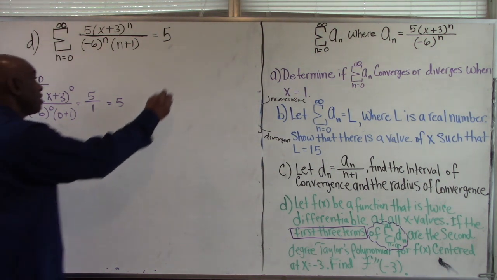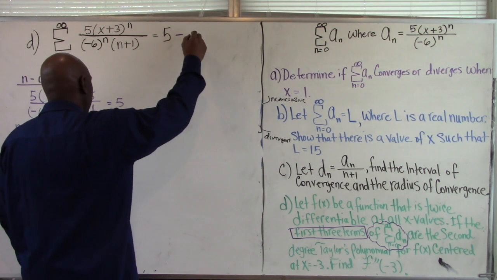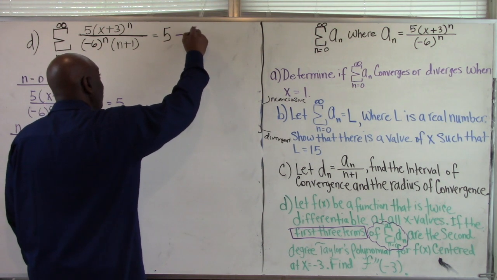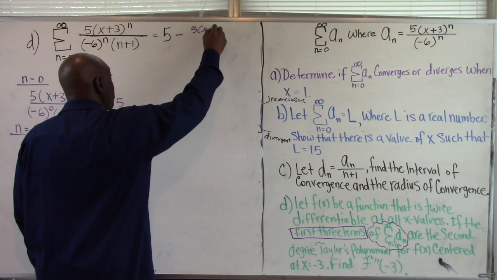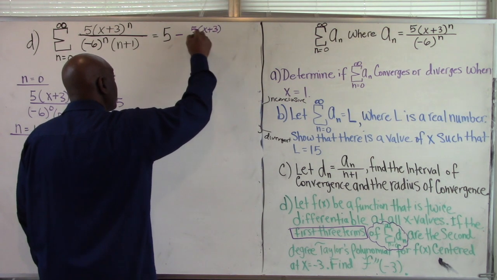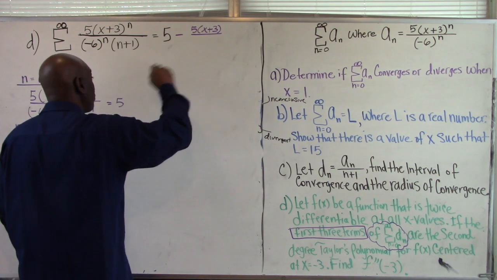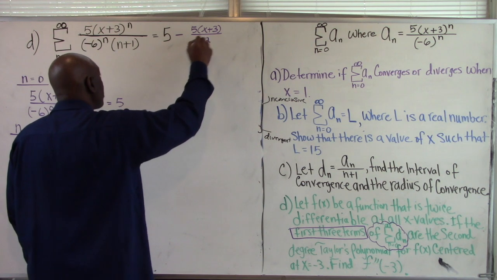So I'm going to have minus 5 times (x plus 3) all over 12.